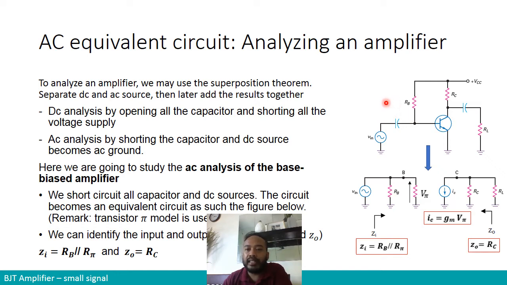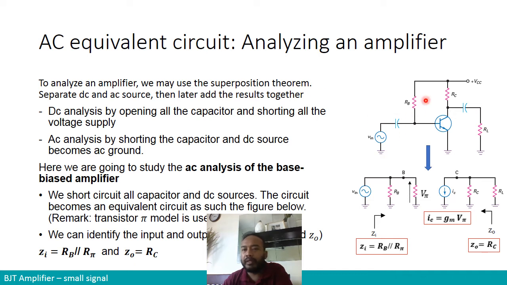So to do the analysis of an amplifier, just like any circuit analysis, if we have multiple sources, which is the case over here, right? We have the AC source of the input voltage that we want to amplify, and then we have the DC components of VCC that become the DC voltage at the base, and the DC voltage that is also connected to the collector loop.